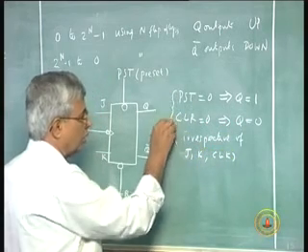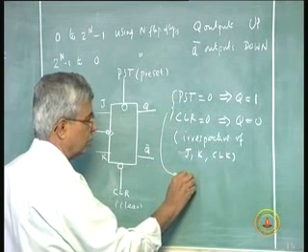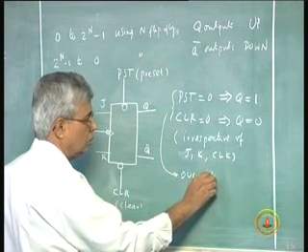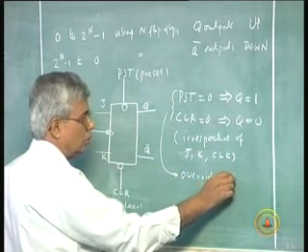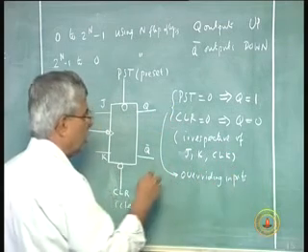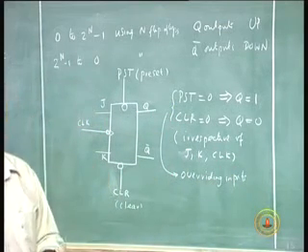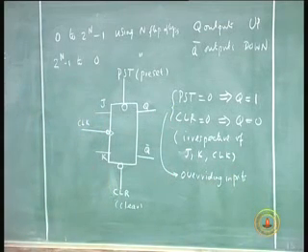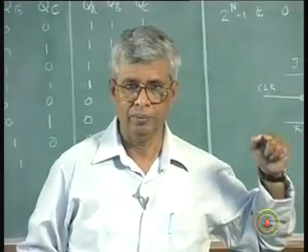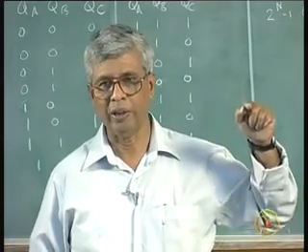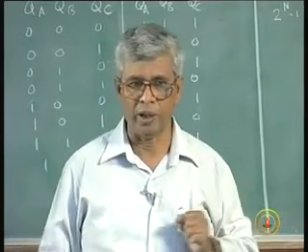So these two inputs are called, as I said, overriding inputs. So you need extra logic, where you have to make sure that this has an overriding property of making the output 1 or 0, as the case may be.